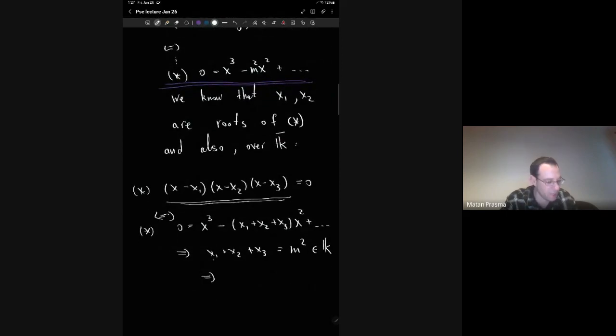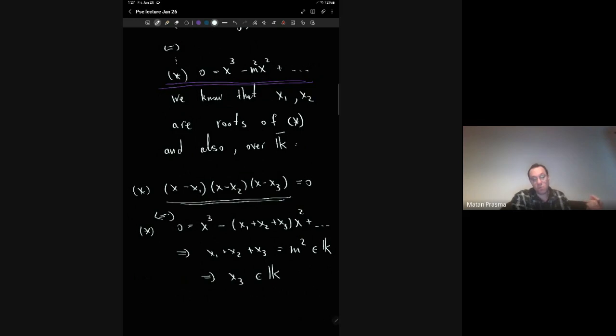And since already x1 and x2 are in k, it follows that x3 is also in k. Okay, and not in k bar, that is kind of inaccessible.